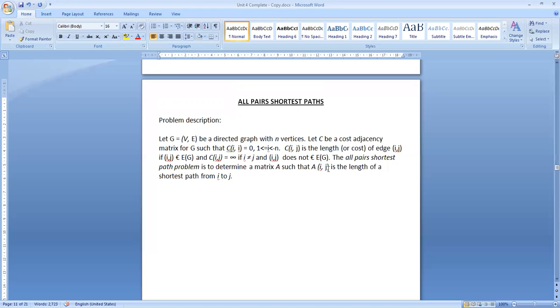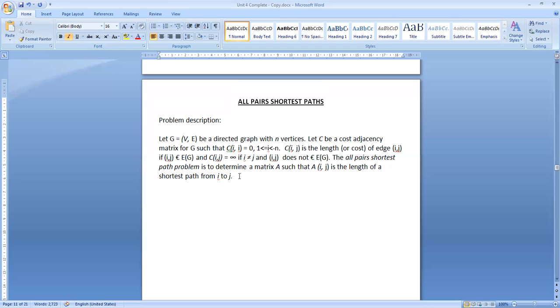Similarly, the value of j will take the index of all n vertices. Students, I assure you that this is a very simple problem, easy to solve. If this problem is asked in the examination, it is easy to solve and quite interesting to solve also. So the problem is not so difficult.